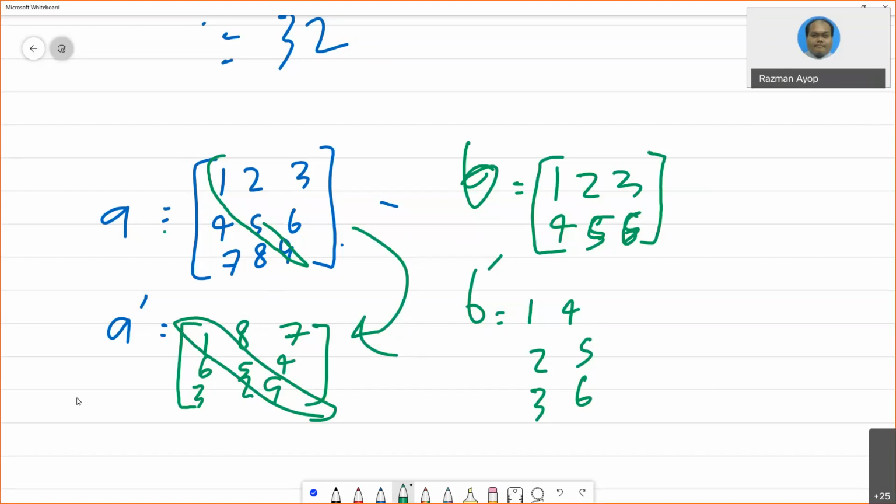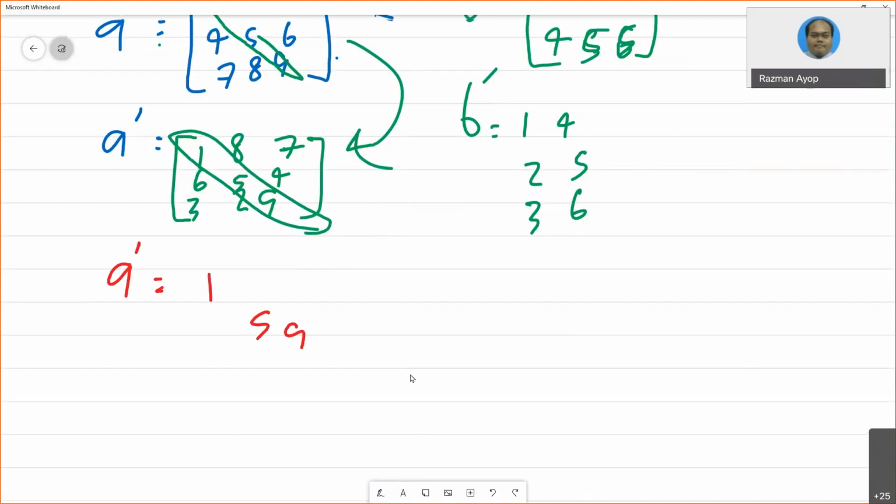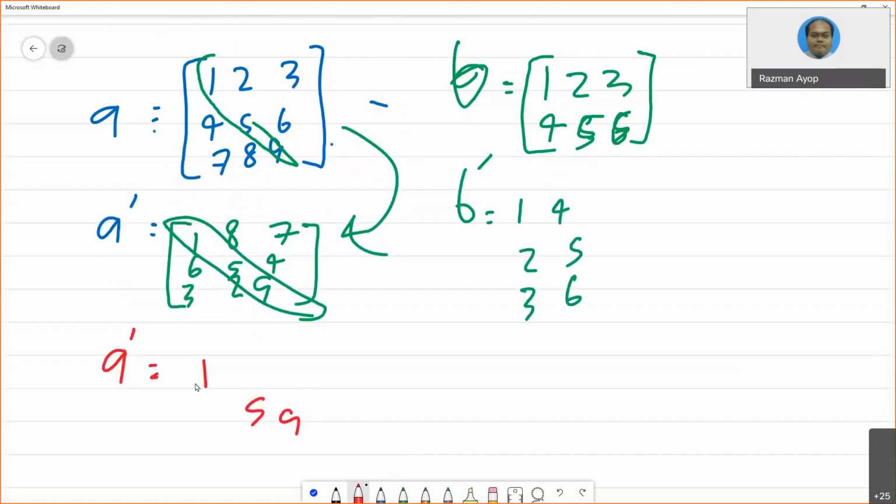So you need to make sure that you can transpose this properly, because in the test there is no computer to check this. Okay, let me do this first. So A should be 159.